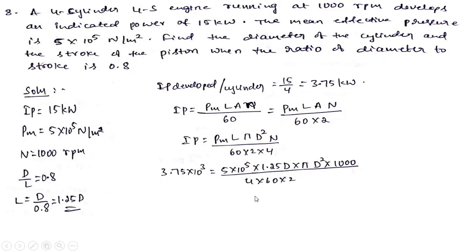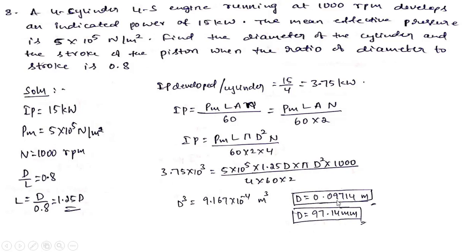Simplifying, you will get D cube as 9.167 into 10 power minus 4 meter cube. So D is equal to 0.09714 meter, which in millimeter is 97.14 millimeter.